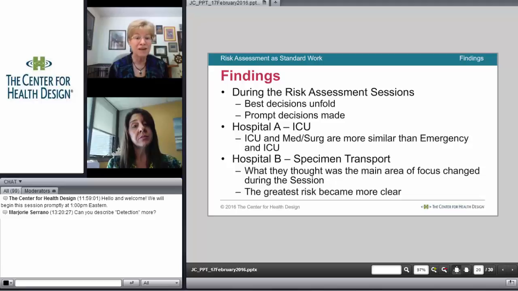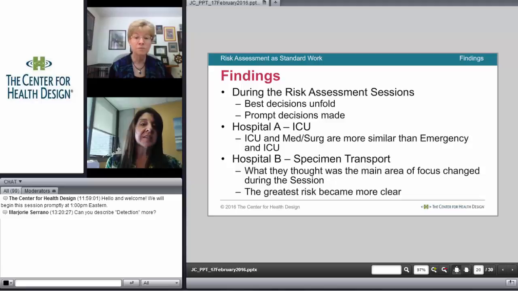So no matter how fast you can get it to the lab, is the lab staff going to know that there is an urgent stat specimen there that had to be handled while the patient was in the OR at the time? So the alert became the greatest risk, and then they continued to work on the transport as well. So it does help you prioritize to understand what the greatest risk is to address those.